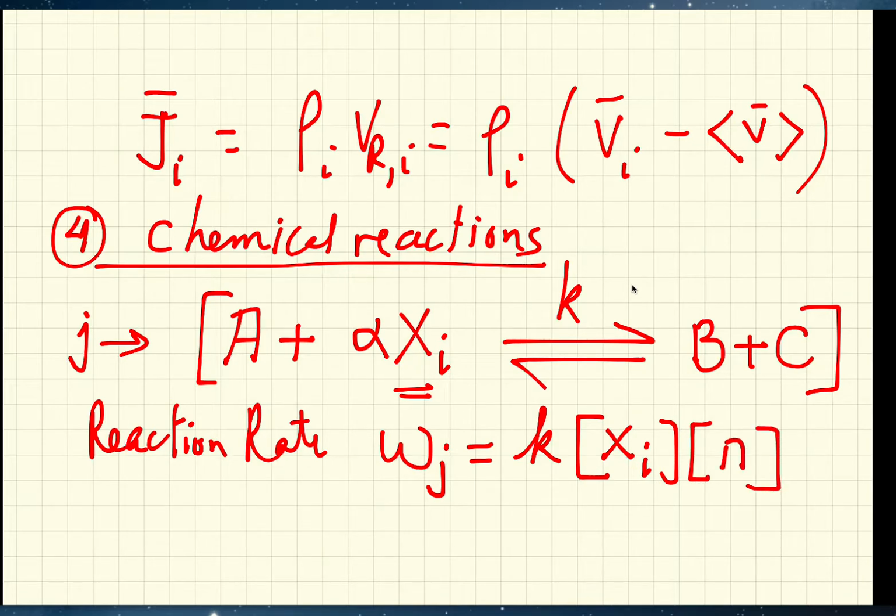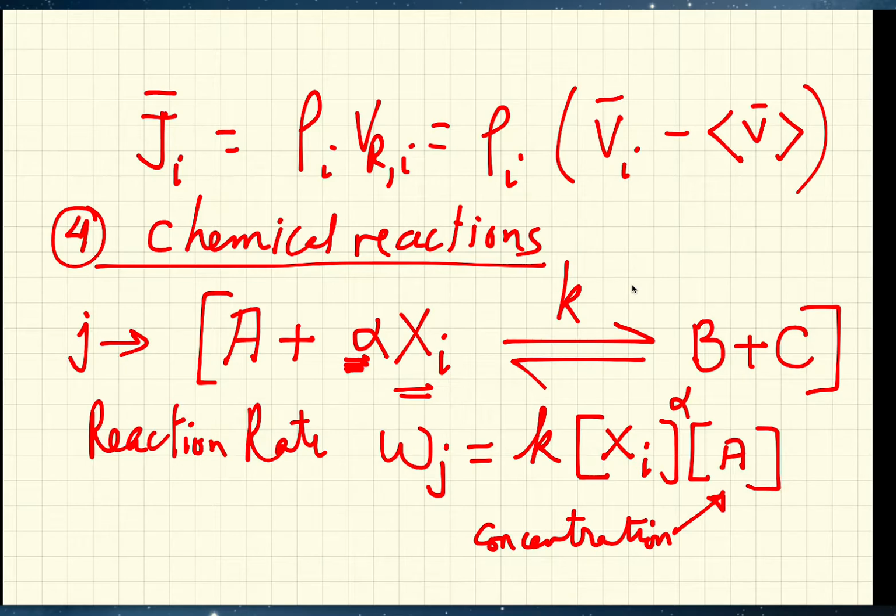The concentrations we're going to put in square brackets. However, since we have a stoichiometric coefficient alpha, the concentrations are raised to the coefficient. So we're going to raise this to the power alpha, and each one of these is a concentration. So that's omega J.